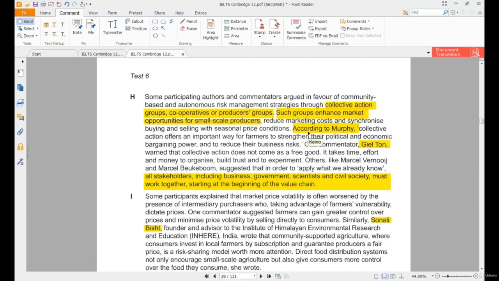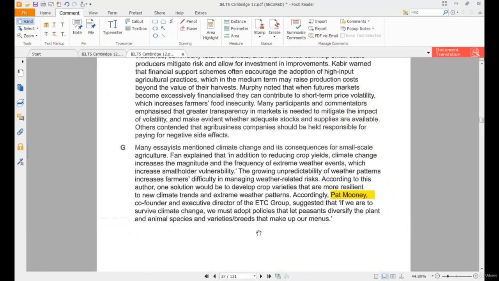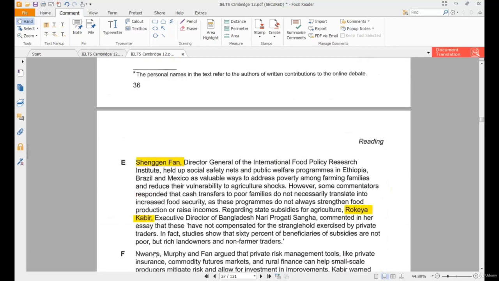Now we have to look at what the person said and then see if we have a match. I've separated out what the person said and the questions to make it easier for us to look at. But when you're doing your exam, once you find, for example, Mr. Fan, you would read what he said and then see if it matches anything.